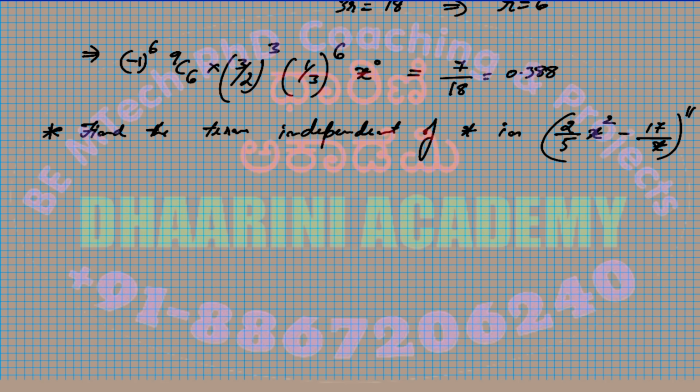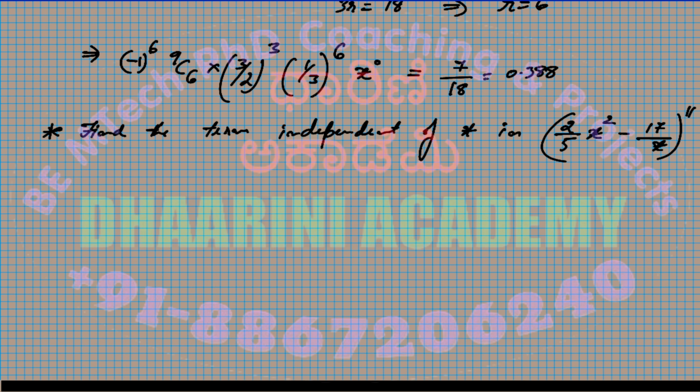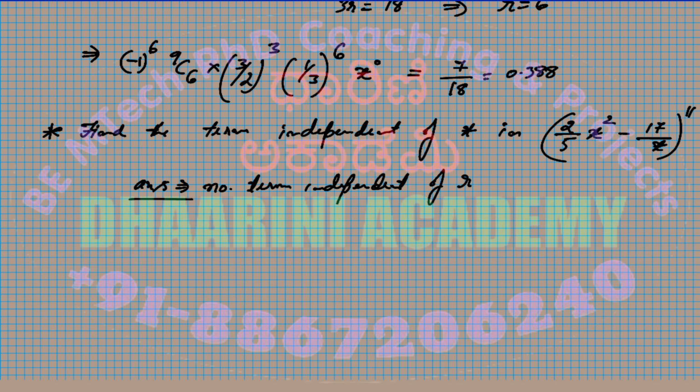So in this case, we are not getting the integer value for r, right? When we solve, we don't get this. So here the answer is no term independent of x.